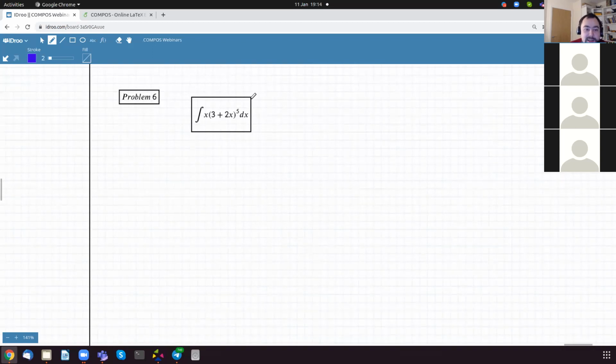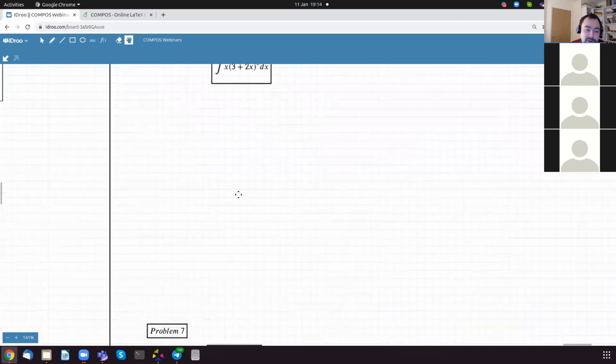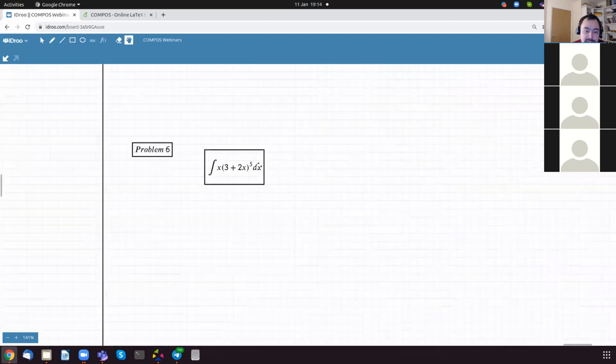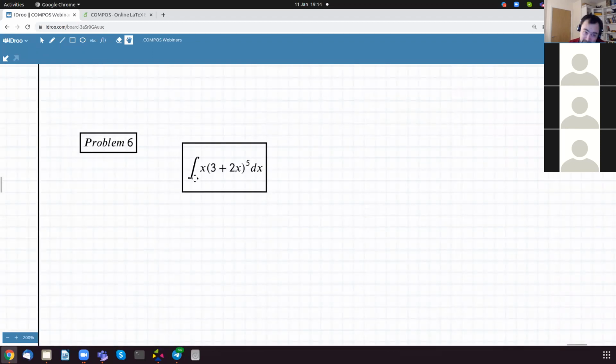So the first question. You look at it and try to think, what's the first thing that comes to mind? Well, of course, it's a product of 2 functions. Potentially, it could be an integration by parts. But when it's 2 polynomials, when it's just a function of x, it's more likely to be a substitution. But you can also look at it and see it's a binomial expansion.